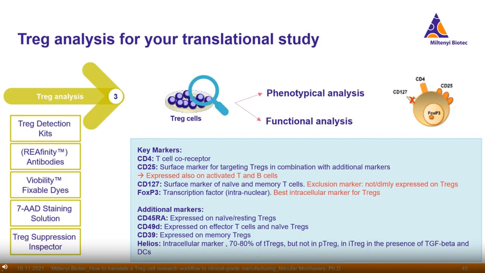For Treg analysis, you can analyze your Tregs functionally or phenotypically. There are some key markers that you need to analyze during the phenotypical analysis, and for functional analysis, we have a specific Treg suppression inspector kit.